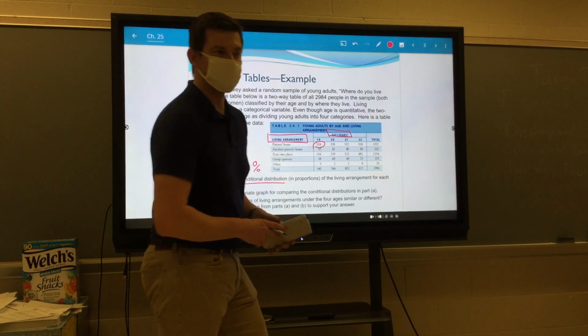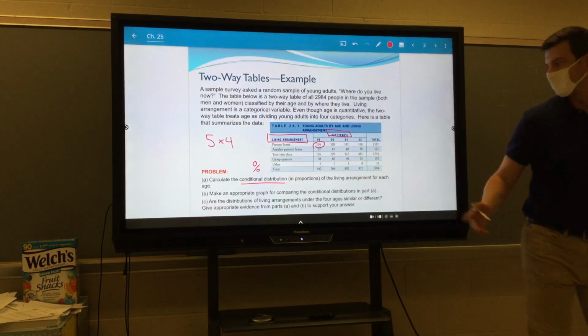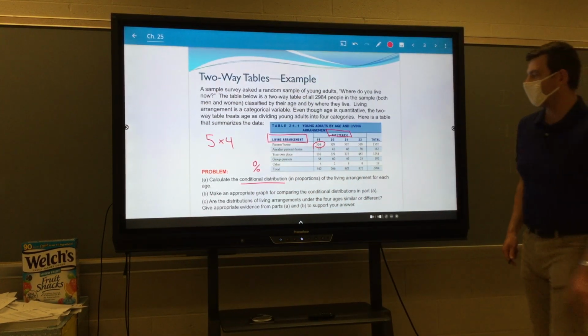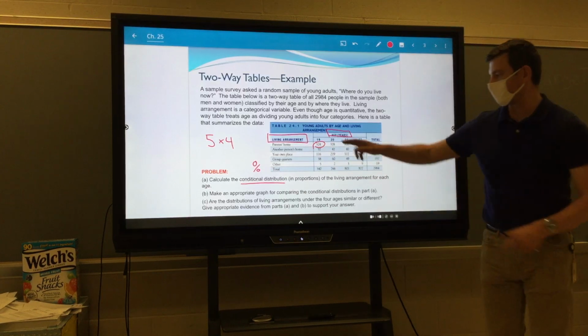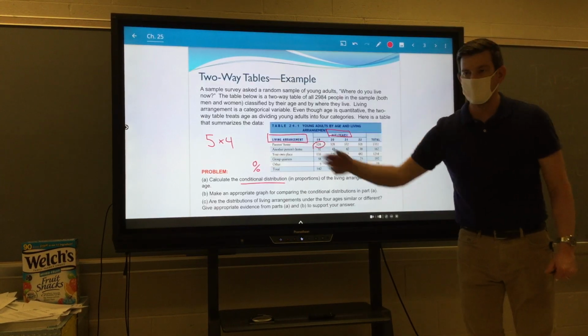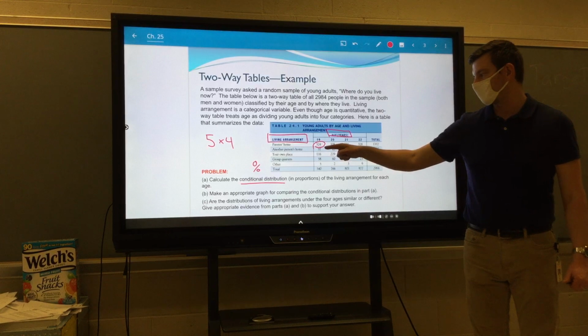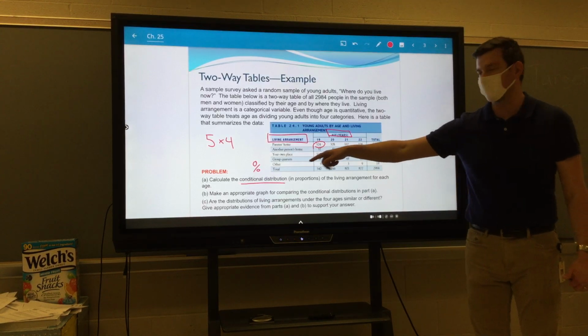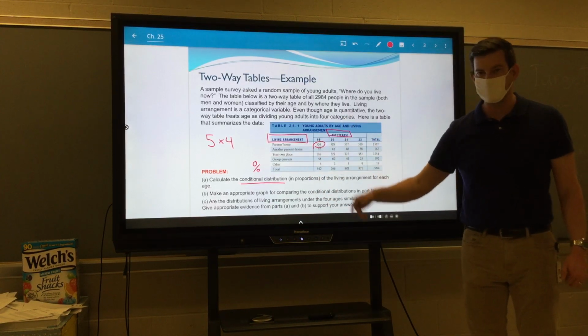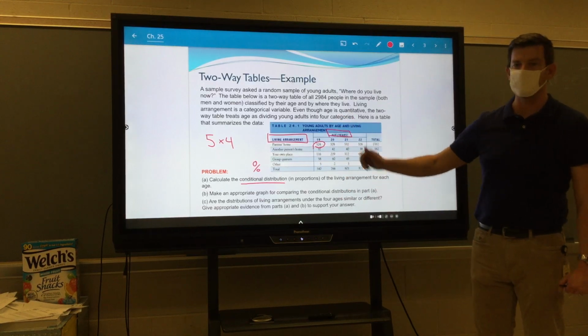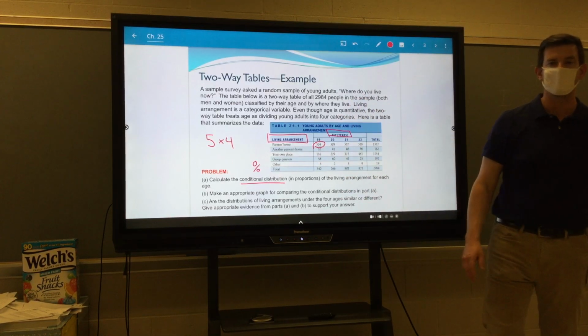Yeah, that's exactly 60%. So, we have 60% of the 19-year-olds live with their parents. We could calculate a percentage for living in somebody else's home or their own place, all the way down in that column. We could do the same thing for the 20-year-olds, the 21-year-olds, the 22-year-olds.